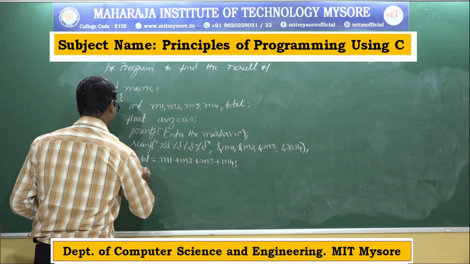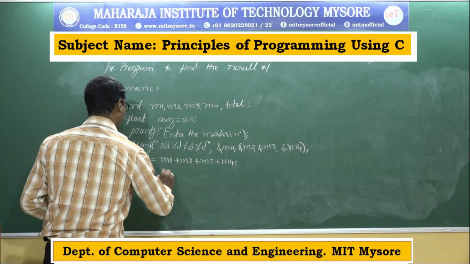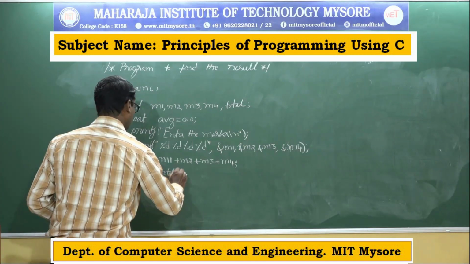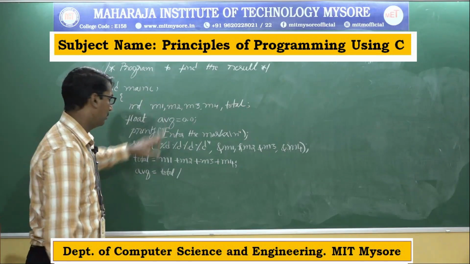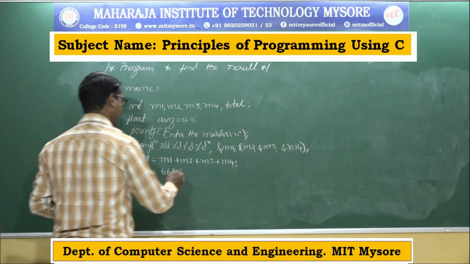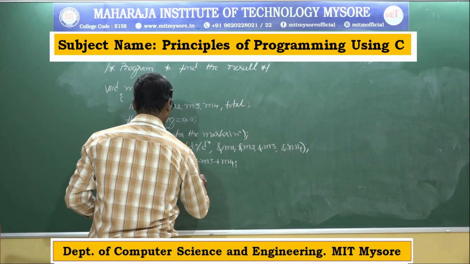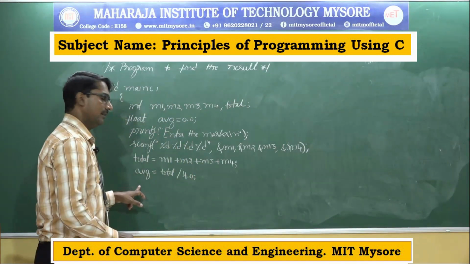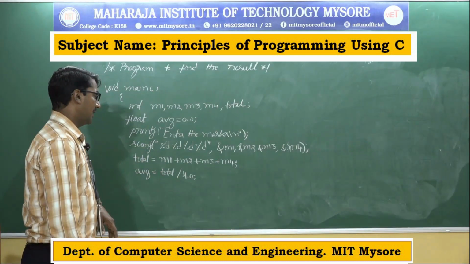So to find average, AVG is equal to total divided by 4, since we are considering 4 subjects. So I consider 4.0. So here I get the average value.